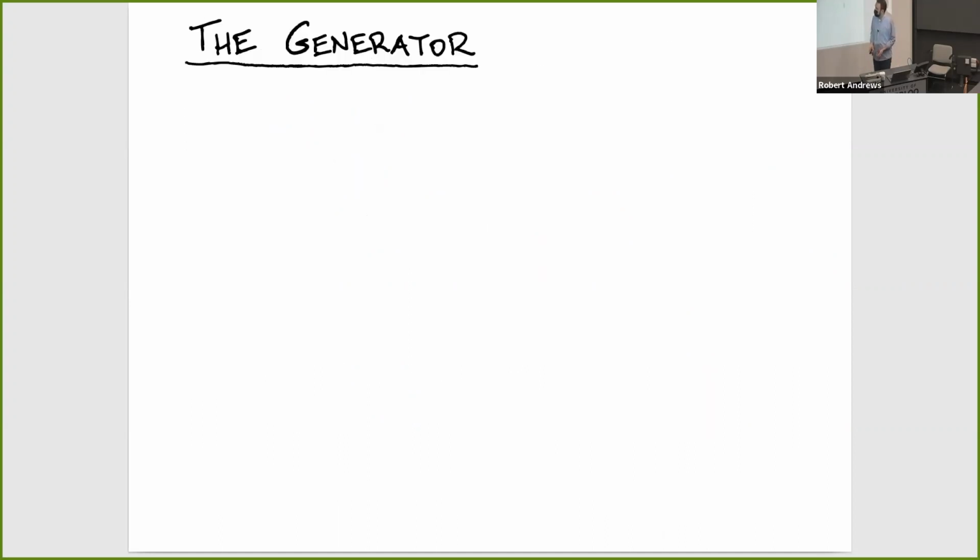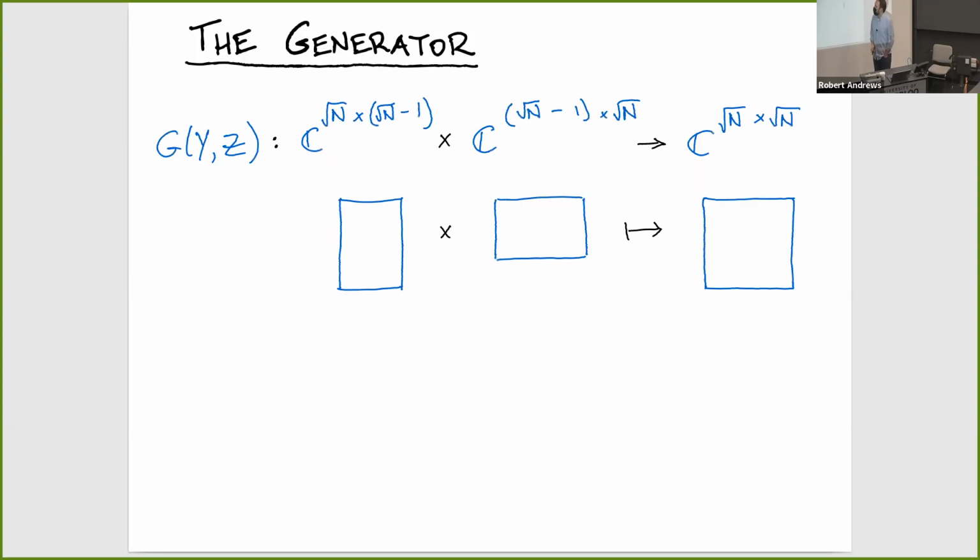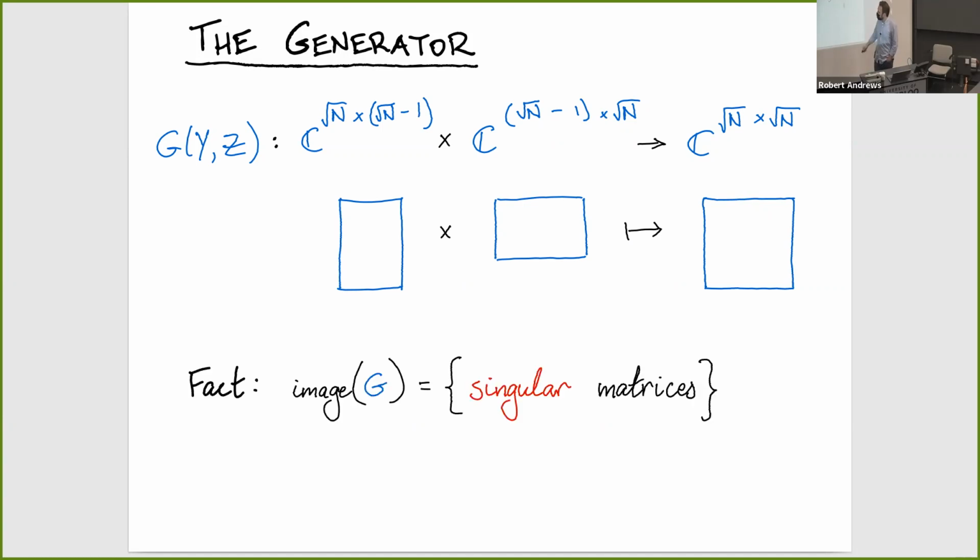Okay. So here's the generator that we're going to use. It takes as input two matrices. The first matrix is root n by root n minus 1, and the second matrix is the same size but transposed. The generator takes these two matrices, computes their product, and that's the output. And if you think about this, well, the image of this generator is exactly the set of singular matrices, right?